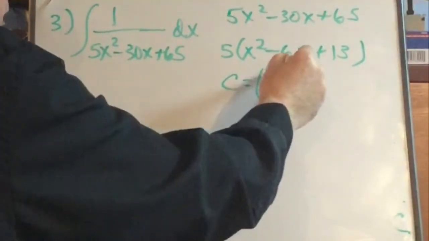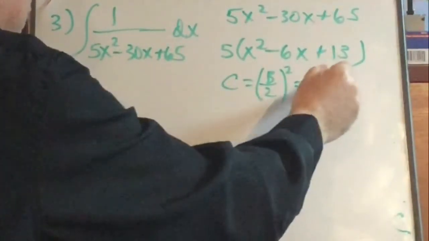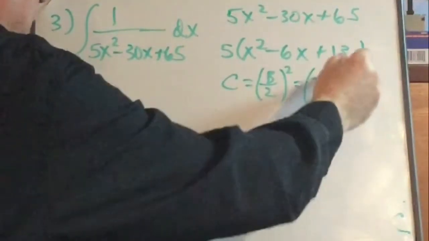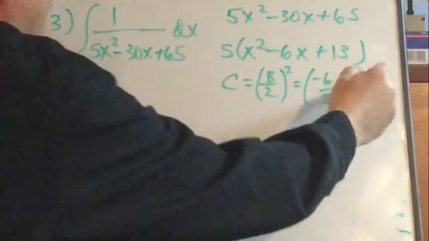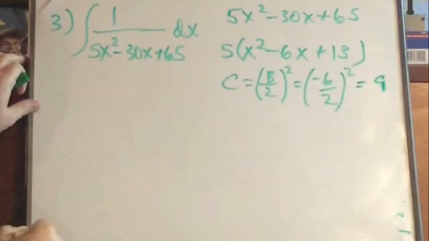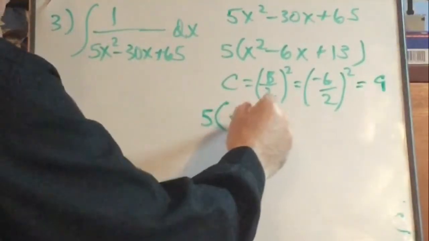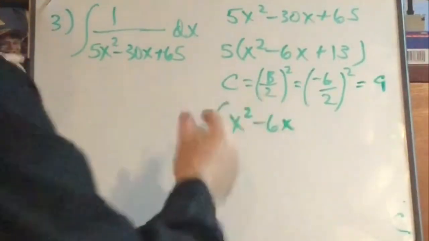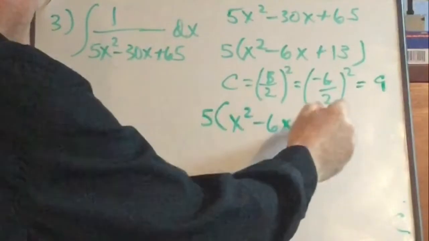C is equal to b over 2 squared, which in this case is negative 6 over 2 quantity squared. Negative 6 divided by 2 would be negative 3. When I square that, I get 9. So I want my c value to be a 9 in this case. So I write x squared minus 6x, keeping the 5, of course, on the outside, plus 9.